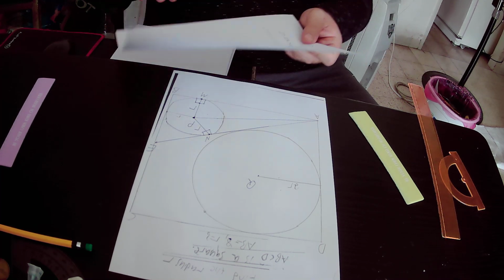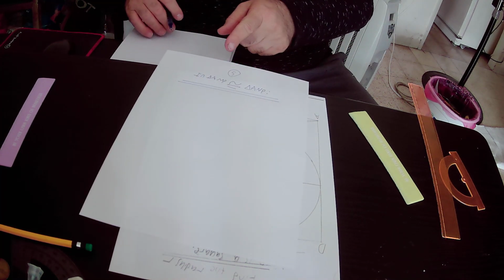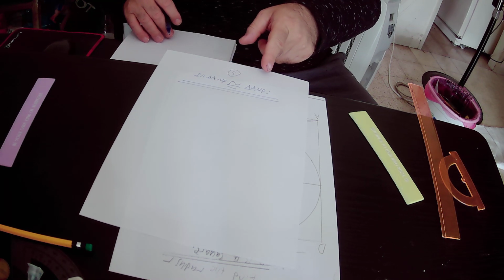I will repeat again. We will prove that the right triangle AMP is congruent to the right triangle ANP.